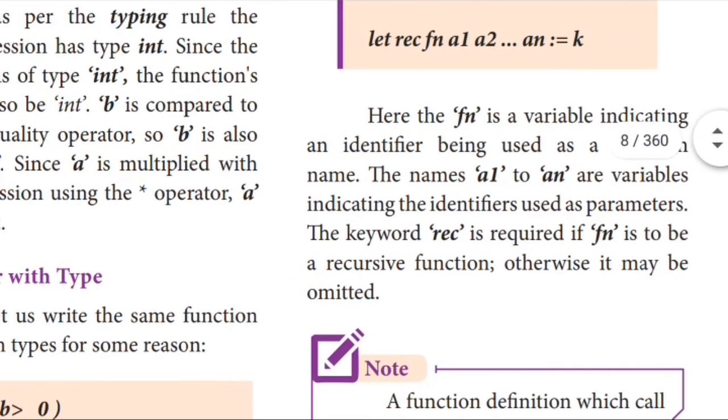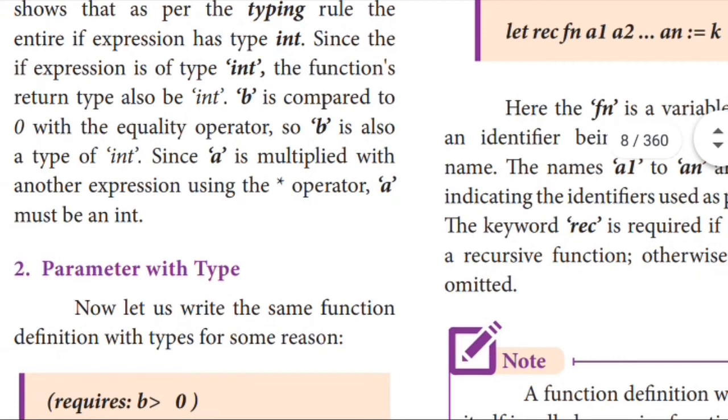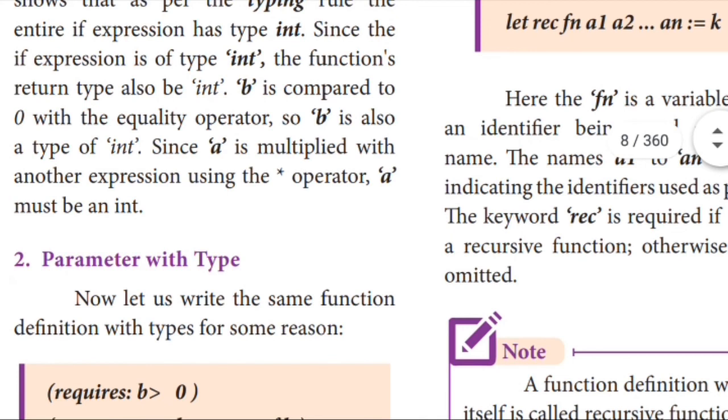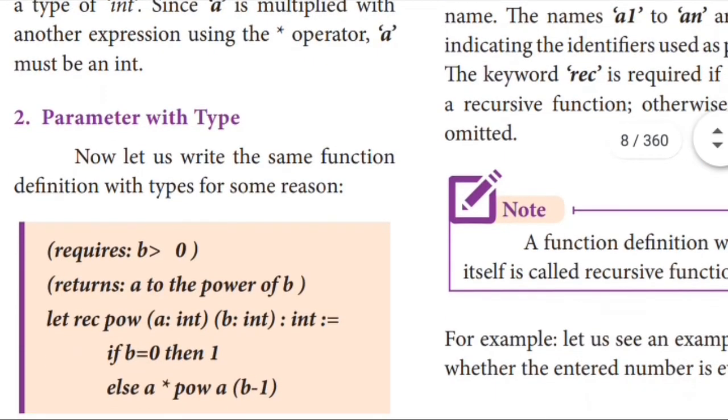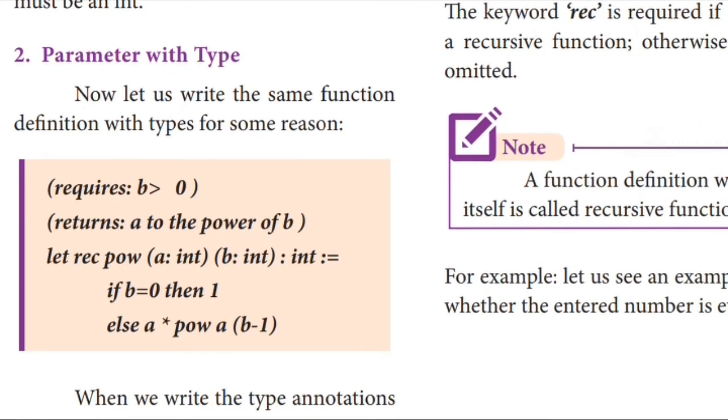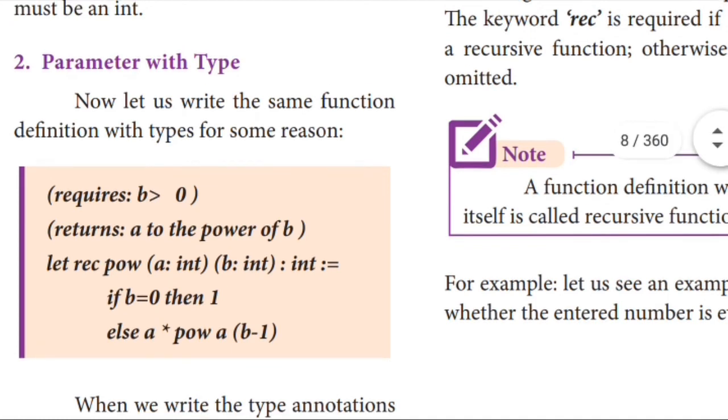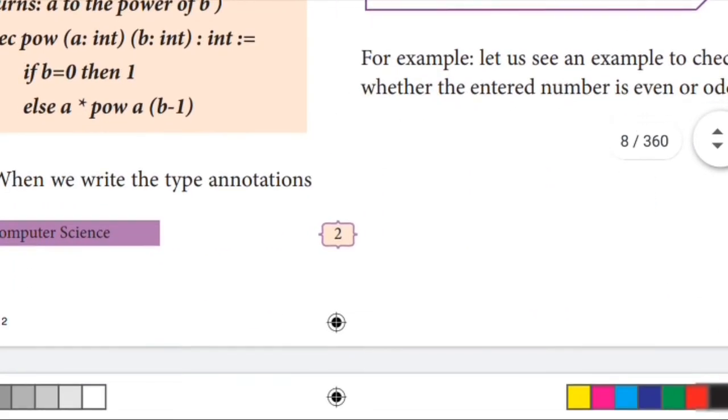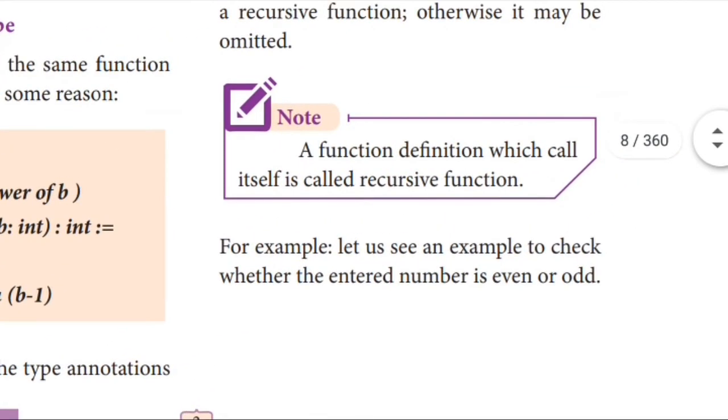But anyway, that recursive function will follow the same procedure up to the 11th step also. Then only the subroutine will get stopped. So after my condition fails, when my condition becomes false, then the recursive function will get stopped. So that is clearly mentioned here. A function definition which calls itself is called a recursive function.